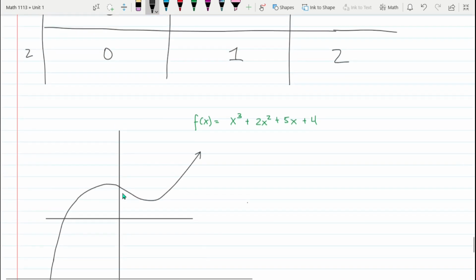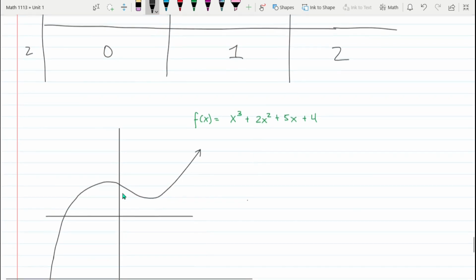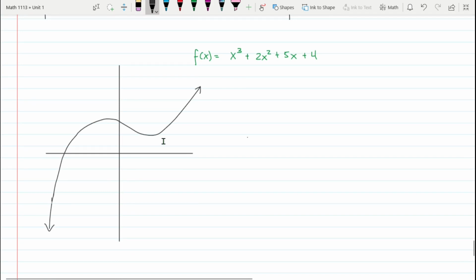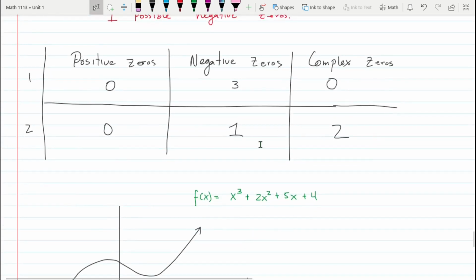So if we kind of go back to our different cases, here is one negative root and 0 positives, but this curve right here is kind of what determines the other zeros, the complex zeros. Okay, so the graph would look like this if this is the case that it's true. Okay, one negative zero, 2 complex zeros.